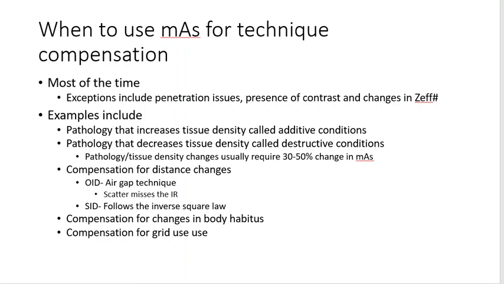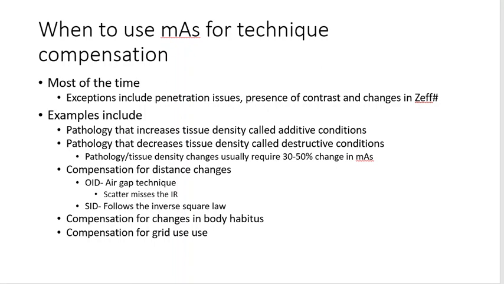So we introduce contrast. Be it positive contrast, negative contrast, or we add bony tissue where there was minimal bony tissue before. So examples include pathology that increases tissue density. Those are called additive conditions.